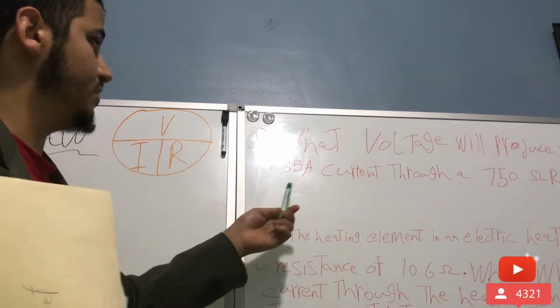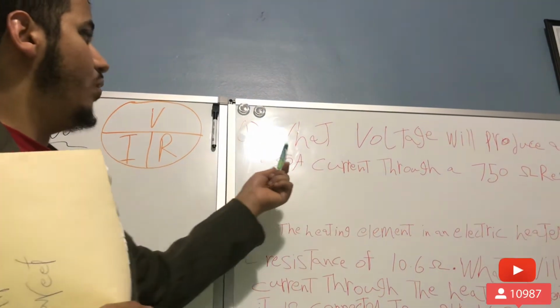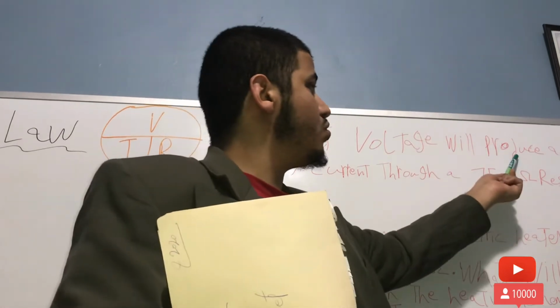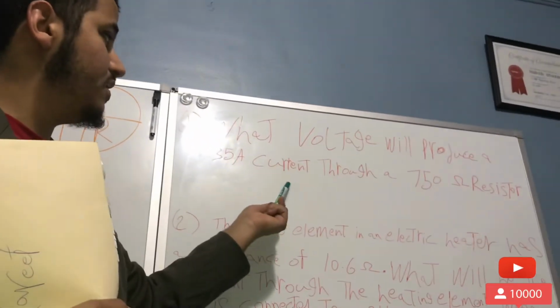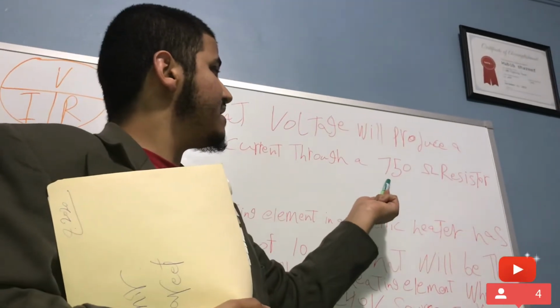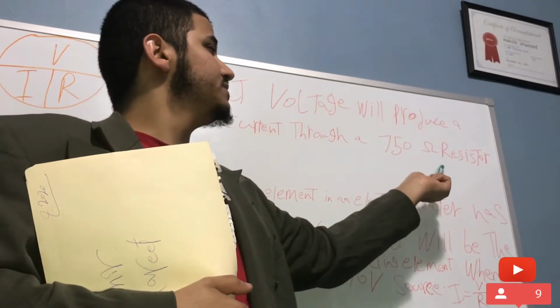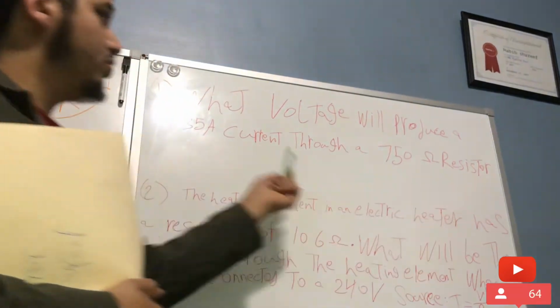Let's do the first question. It's asking: what voltage will produce a 0.35 amps current through a 750 ohms resistor? How do we do this one?